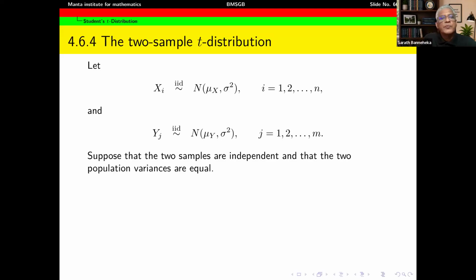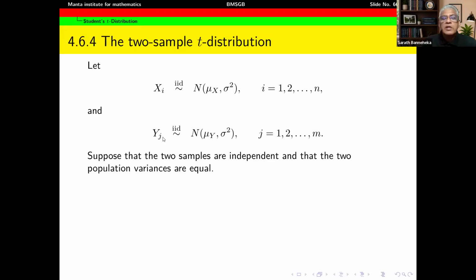when you have two independent samples from two normal distributions. So suppose x1 up to xn is a random sample from a normal distribution with mean mu x and some variance sigma square. So x1 up to xn are IID normal with mean mu x and variance sigma square.